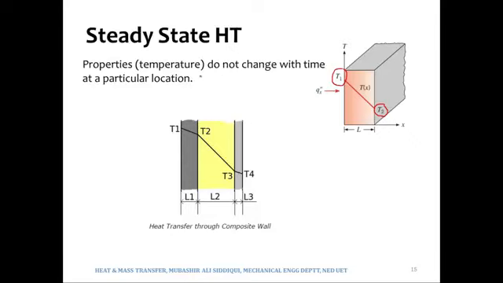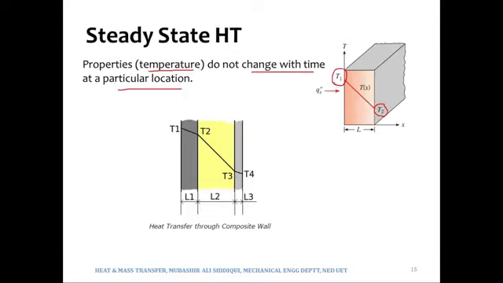So the properties, and by properties we mean the temperature in heat transfer, if the temperature is not changing with respect to time at a particular location, and this is very important because of course the temperature would vary with location. If the temperature does not vary with location, the heat will not be transferred.